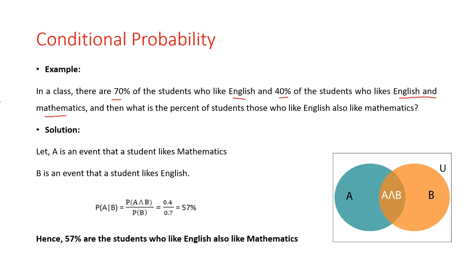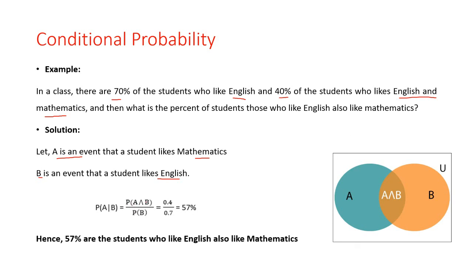So the solution is, let A be the event that a student likes mathematics, and B the event that a student likes English. A for mathematics, B for English. We have to find the probability of A given B, for students who like English and also like mathematics.